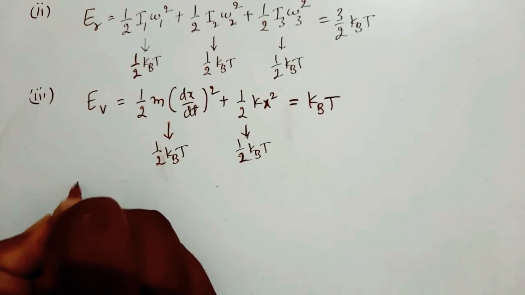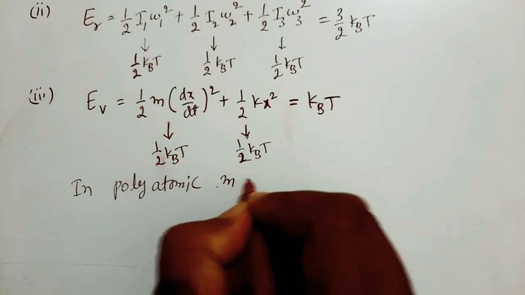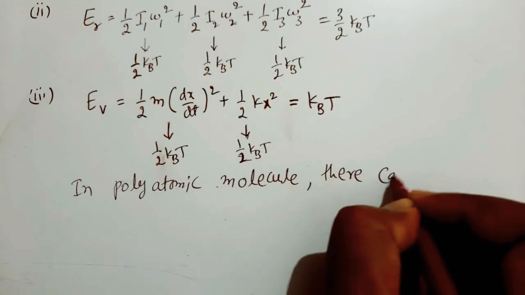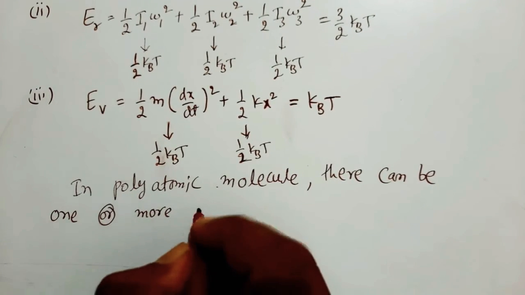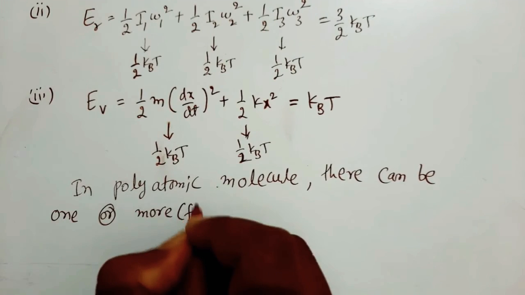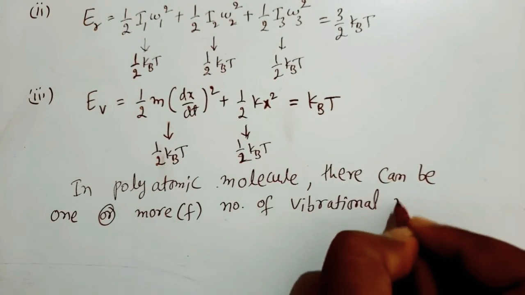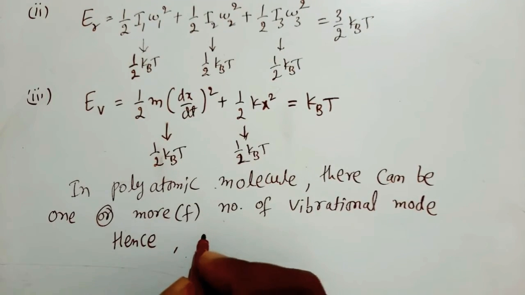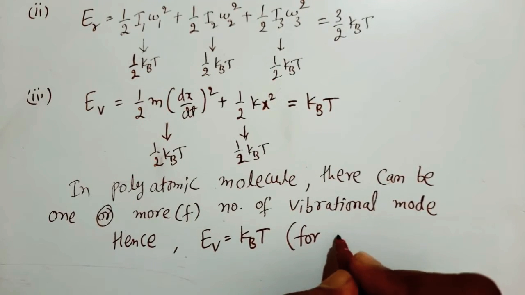In a polyatomic molecule, there can be one or more vibrational modes. Hence, the total energy in vibrational motion is kBT for one vibrational mode.